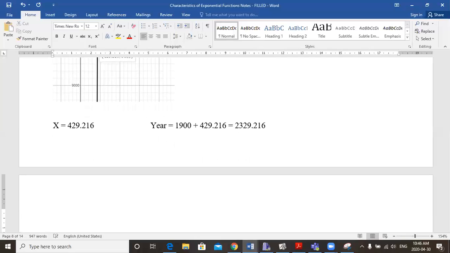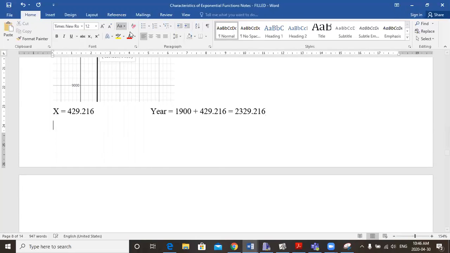So the answer in this case, I'll delete that. The answer then would be the following. Canada's population would hit 9.5 billion in the year, during the year, because it's 0.216, so it's about 1/5 of the way through the year 2329, so during the year 2329. That's based on the model, whether it's realistic or not, it doesn't matter. This is what the model is telling us.